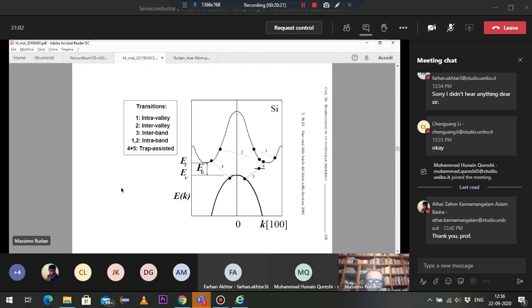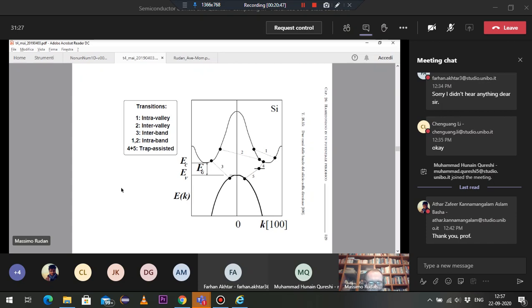Each state, a vector k, is also called a state. So each state has an electron in it. There is an electron with that k and with that energy.